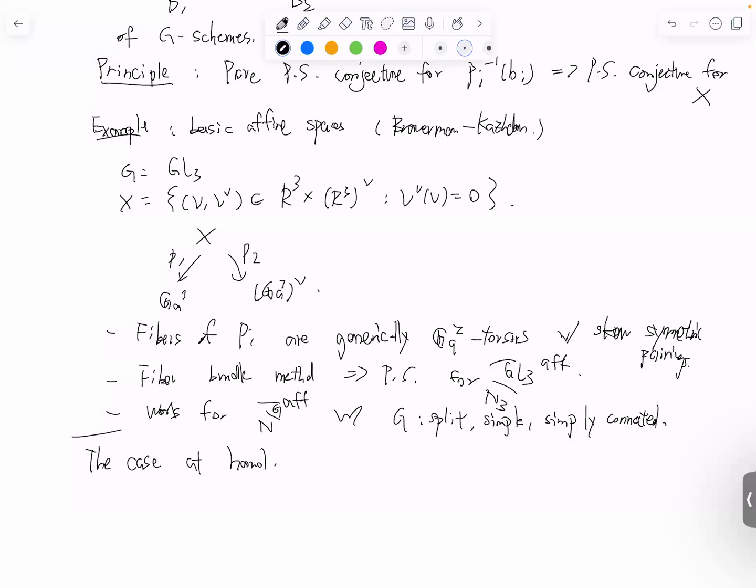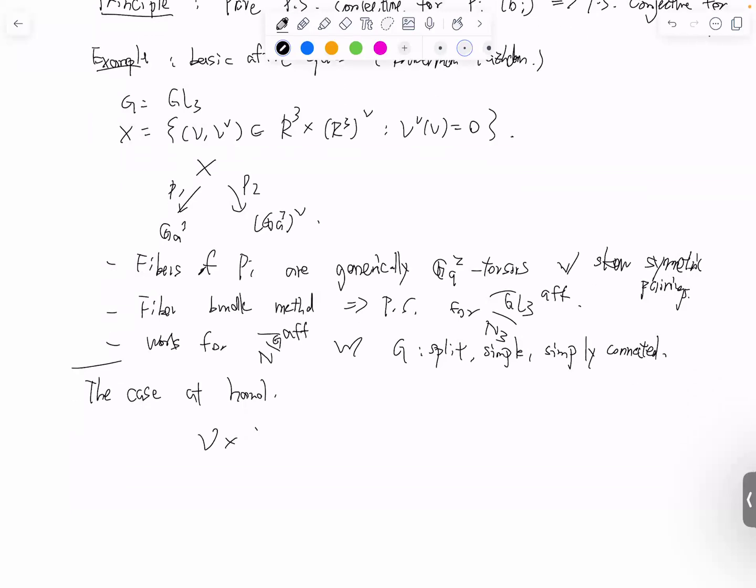So we have the fiber product Y cross over M. We have two projections, P2 to V3, which is A2 cross A2 cross A2.